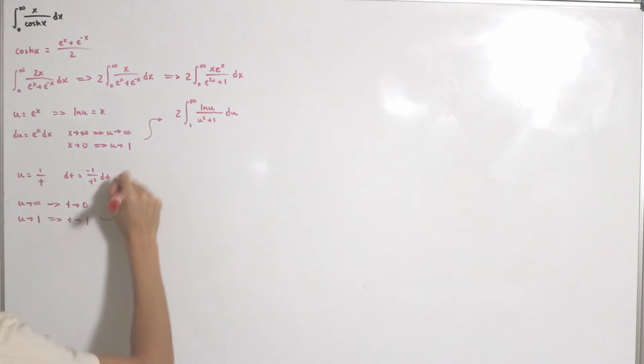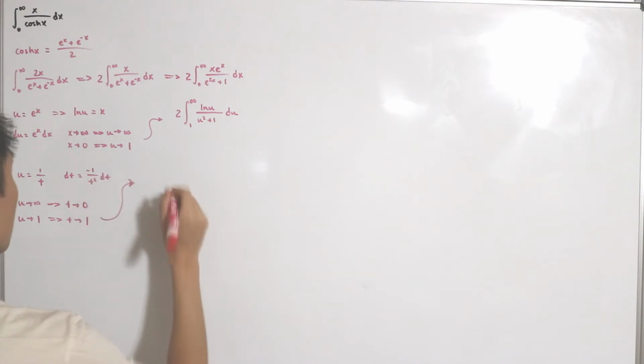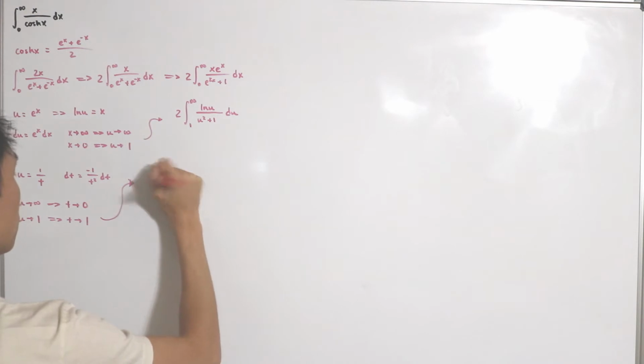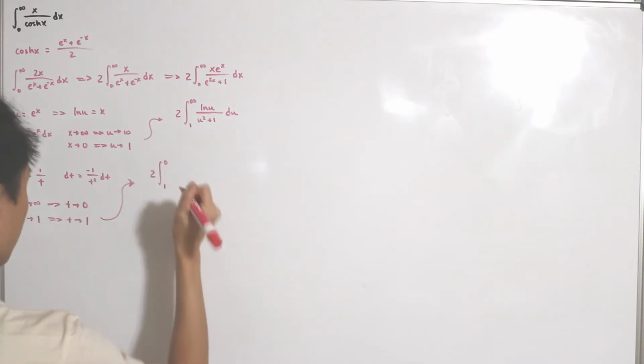Now again, so 2 times the integral from, this time infinity becomes 0 and 1 stays 1.